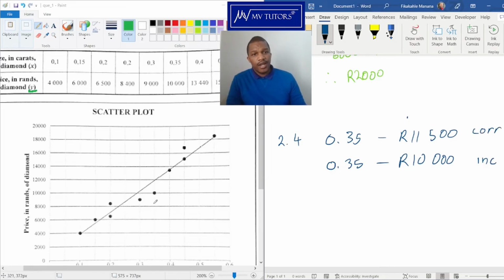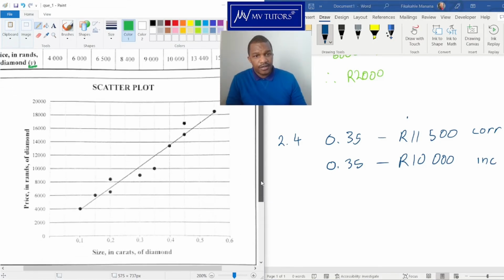Okay, so now what happens if 0.35 is actually the price of 11,500? Look at this. So 0.35 is there, so it's that one. Now they are saying if, and it's at 10,000 as you can see there.